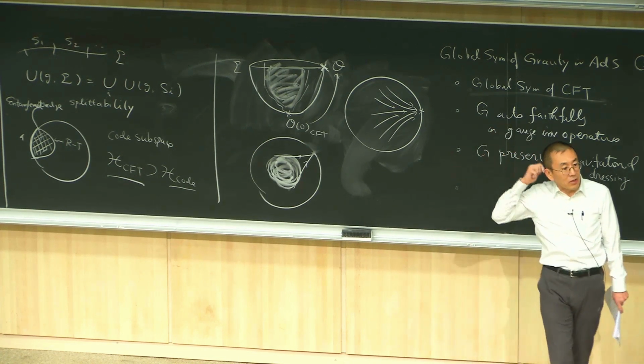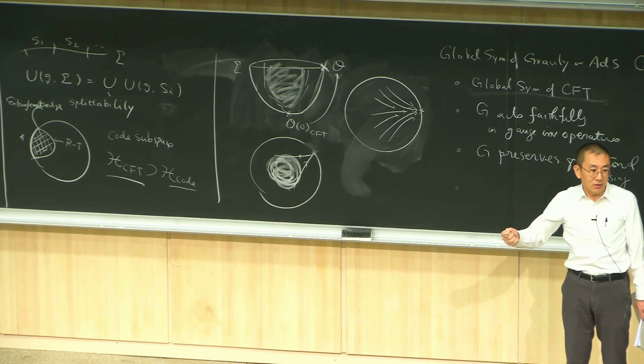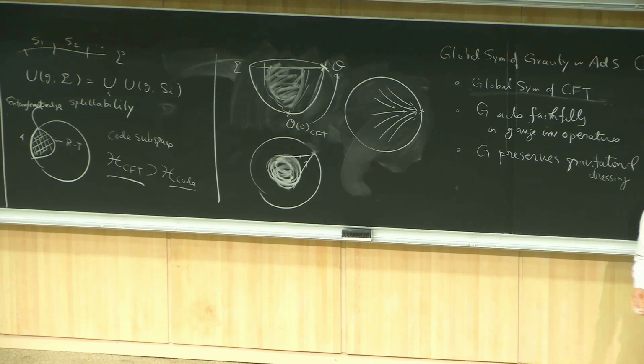And finally, we do not want to mix global symmetry with spacetime symmetry. Here we are only interested in inner global symmetry, in the sense that it commutes with the boundary spacetime symmetry, like the conformal transformation or Lorentz transformation.